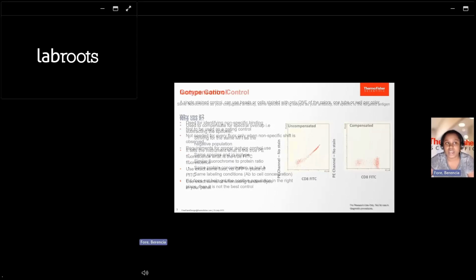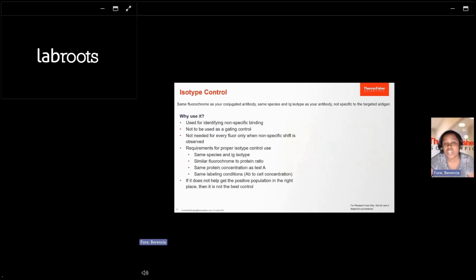The next control that I like to bring up is the isotype control. A lot of journals do not require it anymore, and that is because it is not as helpful as we once thought it was here in the flow cytometry community. I highly recommend that you research this topic yourself because there's a large conversation surrounding the isotype control.